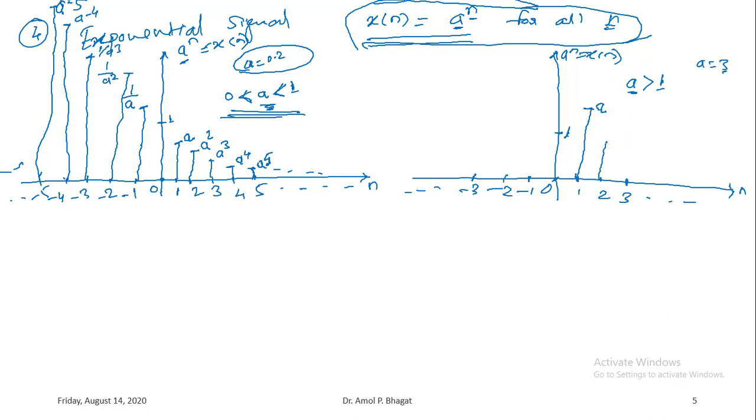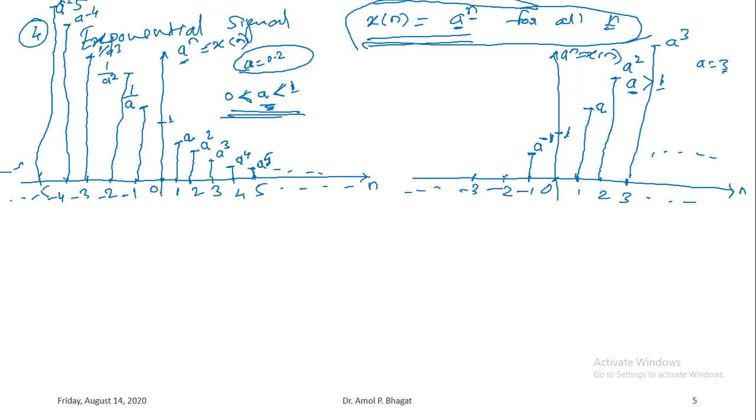So that means your a square will be greater than a and a cube will be greater than a square, and so on. So in this case the signal is increasing, and if you are taking negative values of n, then for minus 1 the value of signal will be less than 1, so this will be your a inverse.